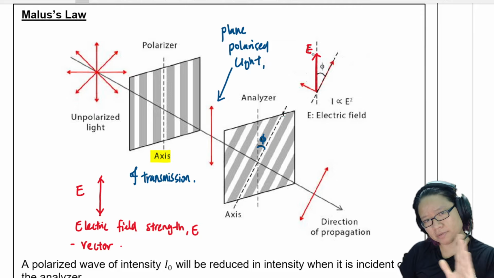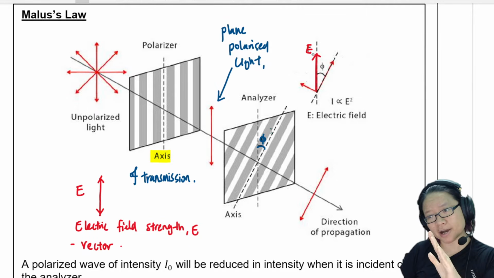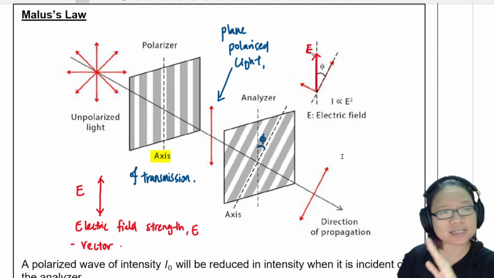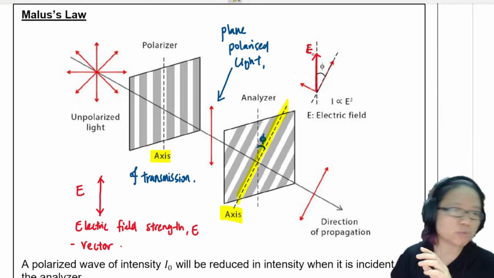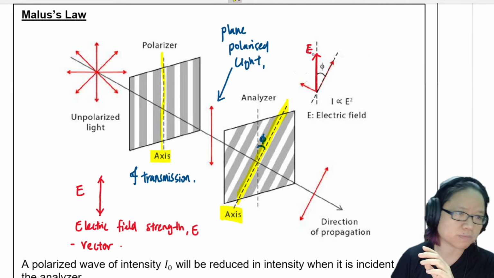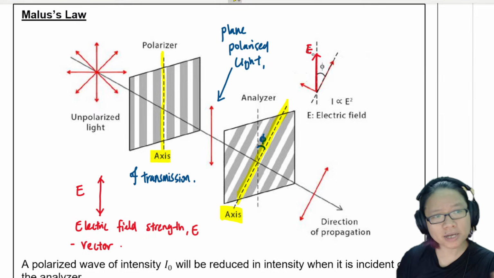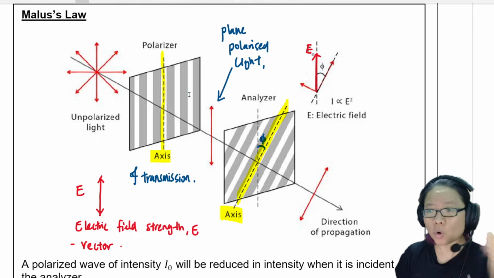And if I tilt the Polaroid at an angle phi, this means that the axis of the Polaroid is not this direction. Previously, it was this direction. So when it passes through the first polarizer, only the vertical one remains.